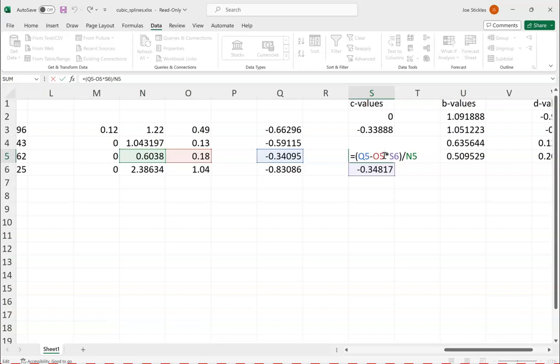So that S6 times the O5, the S6 is our answer to this equation, ignoring the 1.04, plugging it in and multiplying it by that 1.18, right? Subtracting it to the other side, which is what we've done there, and then dividing by the N5. So you have to do a little bit of finagling on the last column because remember your bottommost one is just a ratio of two numbers. The rest are that back substitution idea.